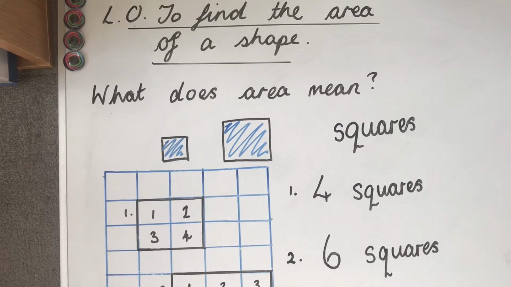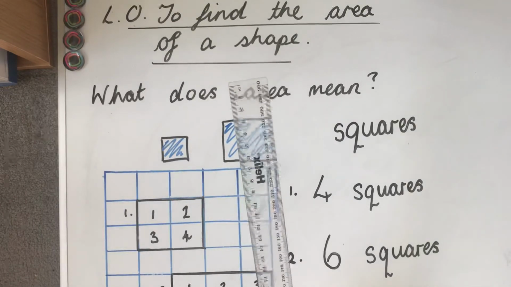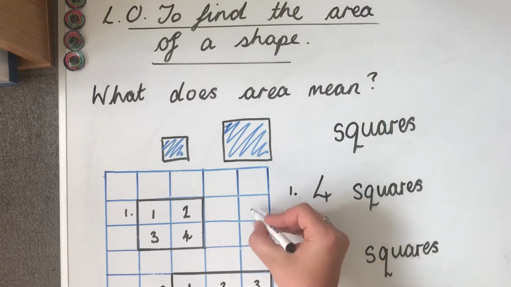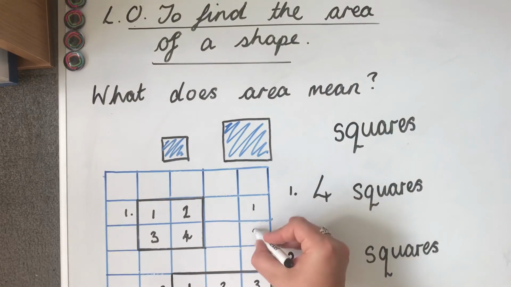What do you think then if I said I want you to draw a shape with an area of 2 squares? What might you do? Okay, you would get your ruler to start, wouldn't you? You'd get your ruler to start and you would make sure that you count out your squares. So 1, 2.